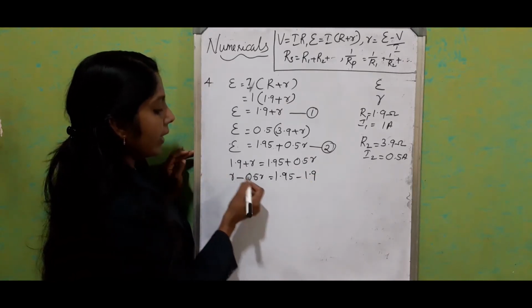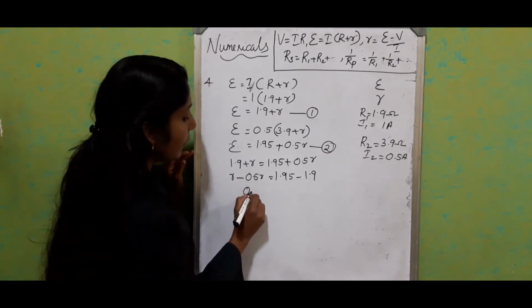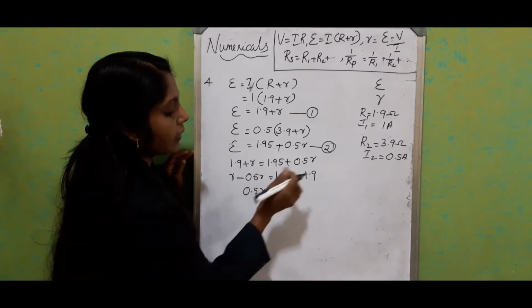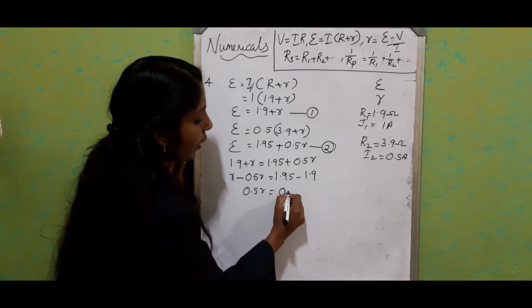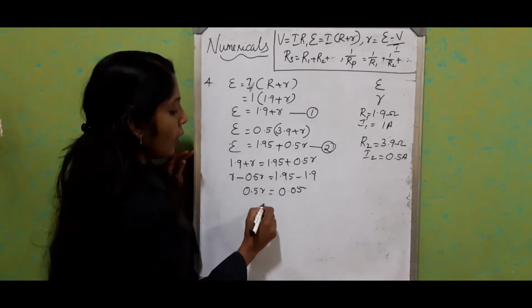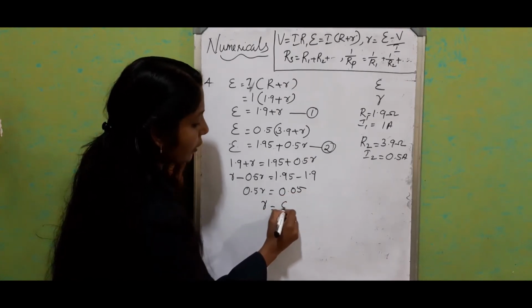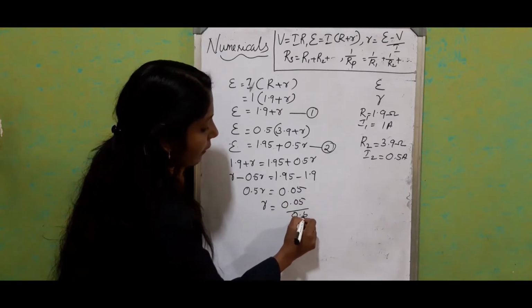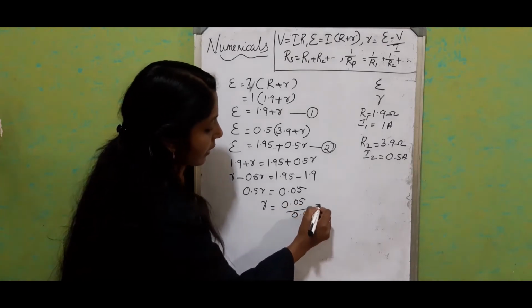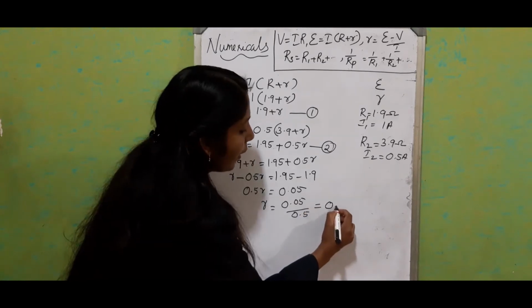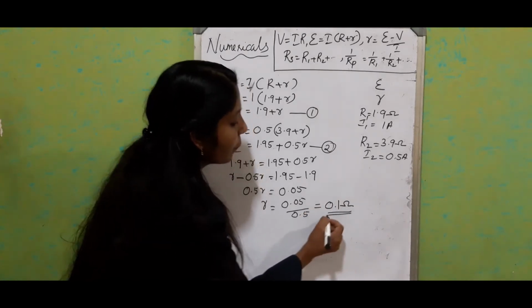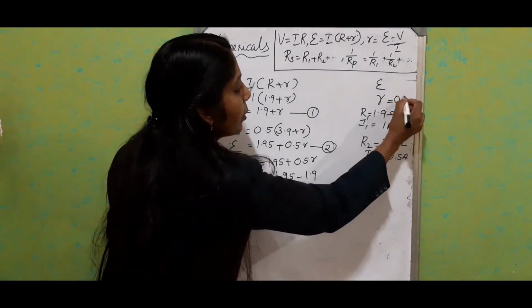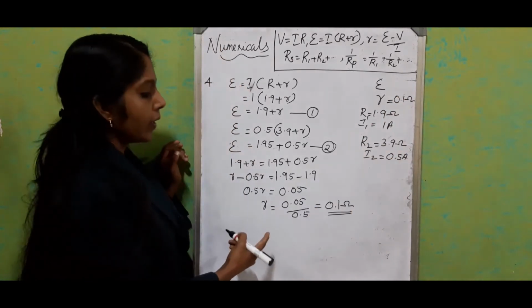So 1 r minus 0.5 r is 0.5 r, which is equal to 1.95 minus 1.9, which is 0.05. So r is equal to 0.05 divided by 0.5, which is equal to 0.1 ohm. So we found the internal resistance is 0.1 ohm.